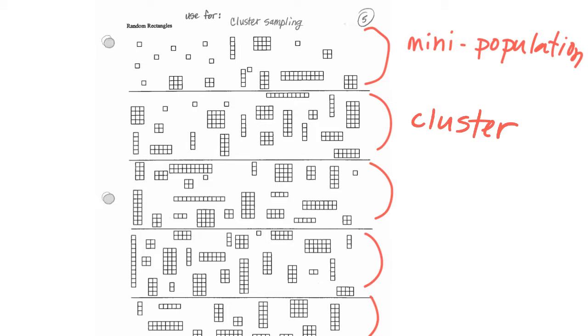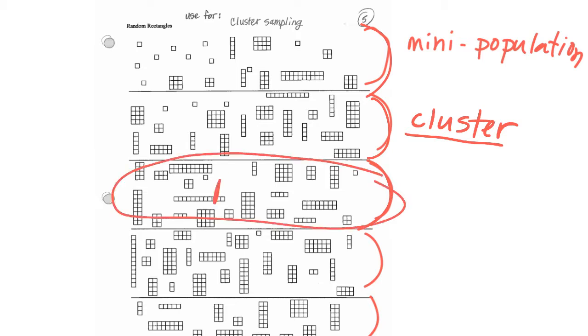And the word group is a dirty word in statistics because it's not specific enough. If I say, well, this group is this and this group is that, what are you talking about? In this case, we would call these clusters. And cluster would indicate that these are supposed to be little miniature populations, because with cluster, once you pick one of them, then what do you sample in it?